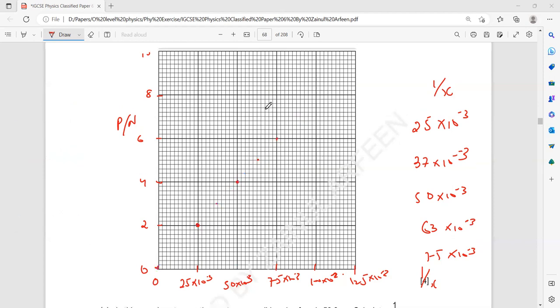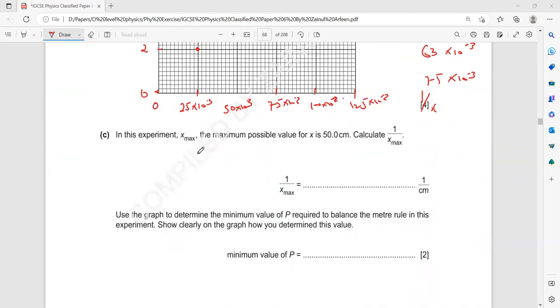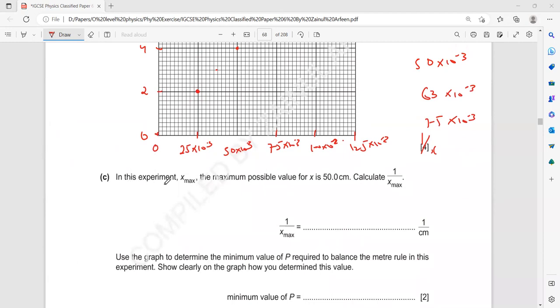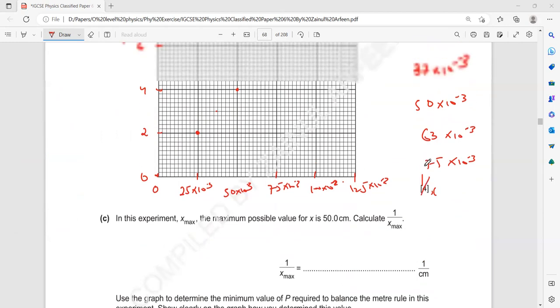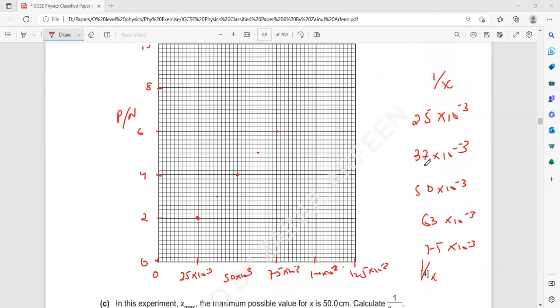So the next part, in the question, in this experiment, X max, the maximum possible value of X, is 50 centimeter. Calculate 1 over X max.